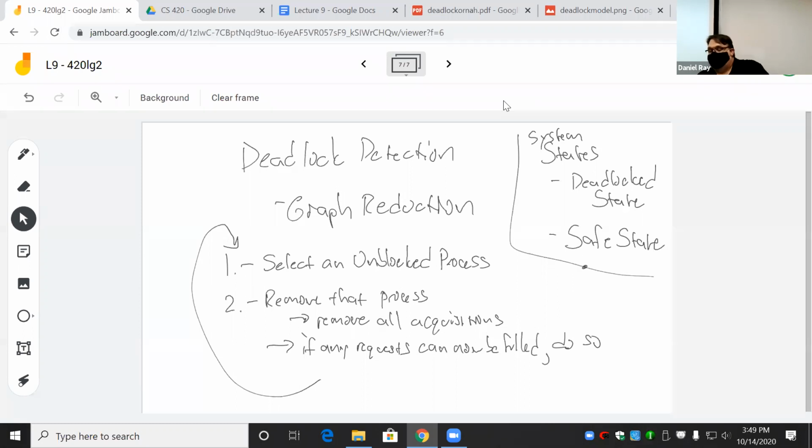Because there was some path where the processes finished, and you found that path because you only chose unblocked processes. They were all able to finish, and if any path like that exists, then you do not have a deadlock currently. What's the other option? Obviously, the other option is that there will be a deadlock, but what will the graph look like?